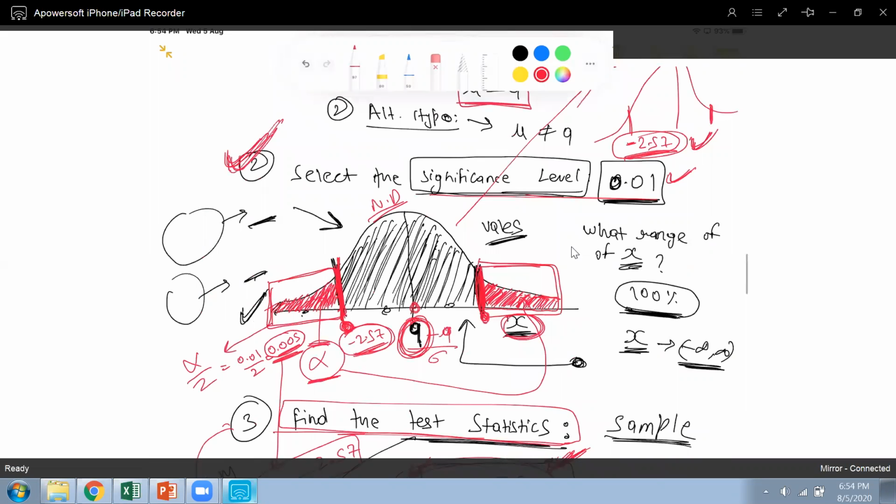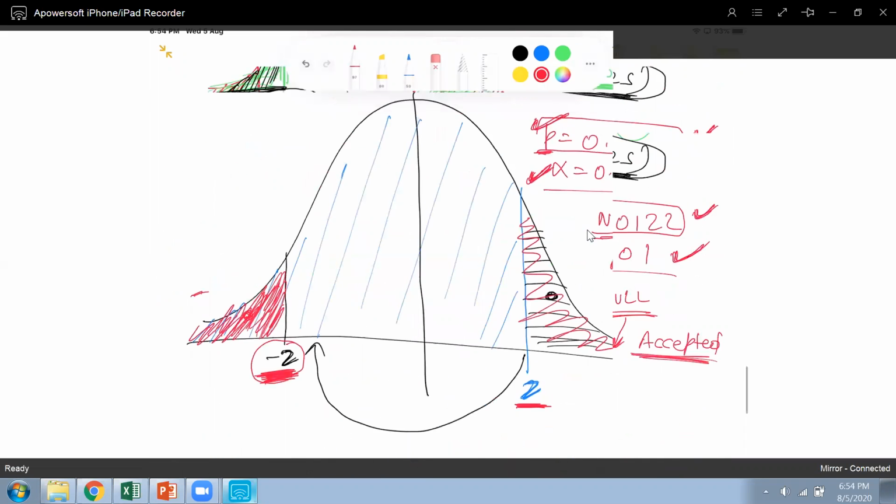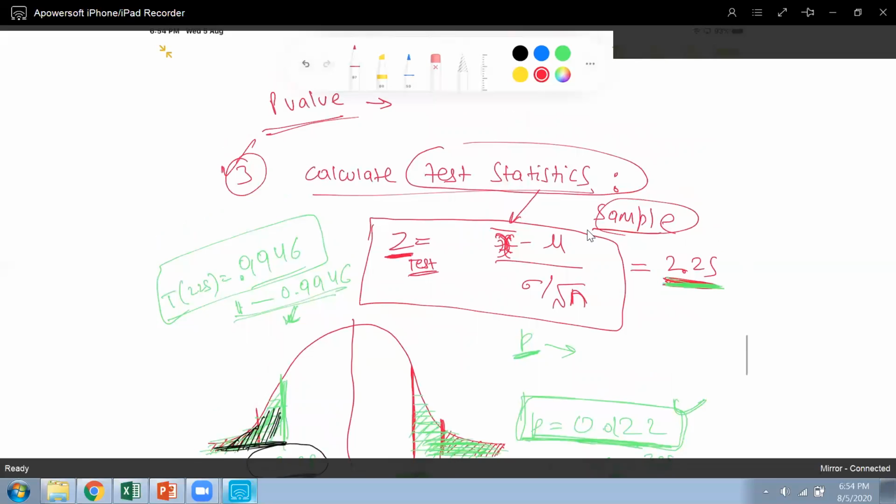But using the p value, I will be doing the calculations in the third part, that is the test statistic. Here I will be using the formula. Earlier I was using the formula in the second step. So that would be it for hypothesis testing. Do you have any doubt?